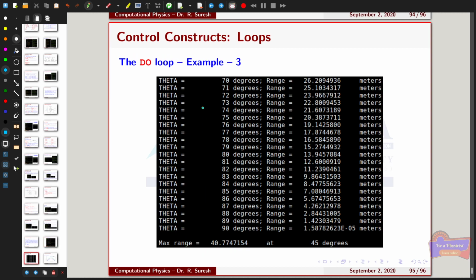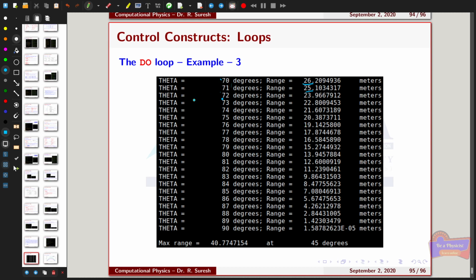It is a long list of data, with theta from 0 to 90, and this is the part of the output where theta runs from 70 to 90. For every degree, theta is incremented by 1, and for every incremented value, you have calculated the range using the formula. You can see that once theta is increasing, the value decreases.